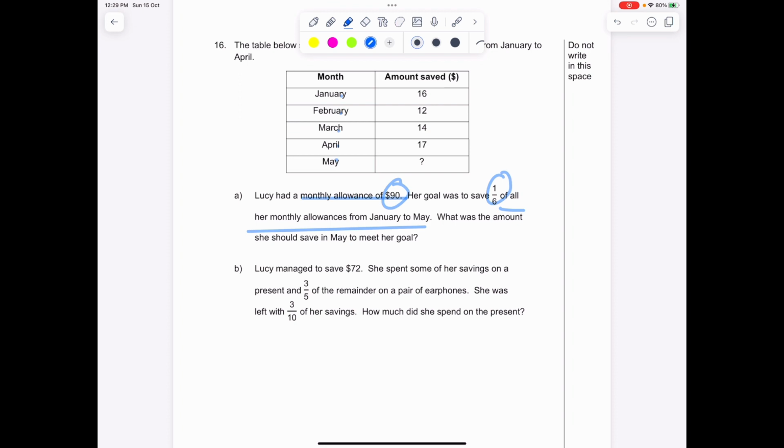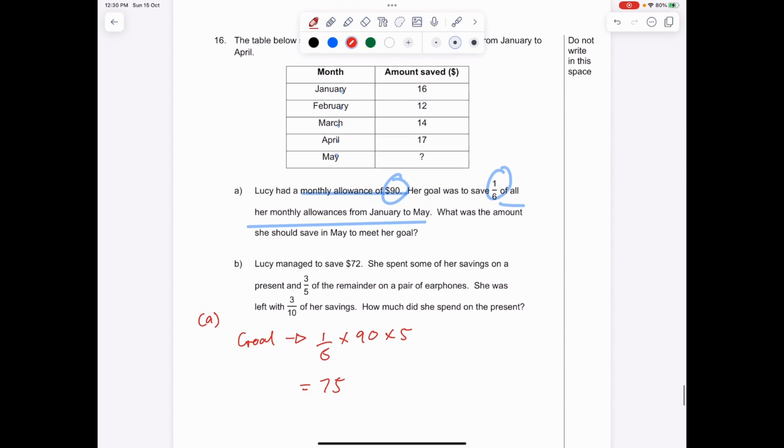So therefore, her goal, first you need to find out what is 1/6 times 90, and then you need to multiply this by 5. Your answer would be 75. So $75 is what she would need to save for the entire of this 5 months.